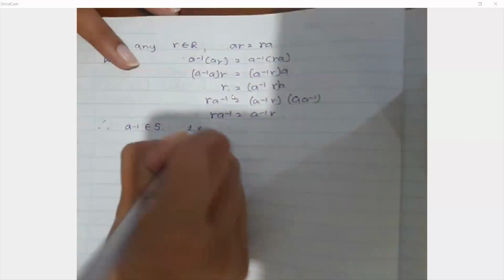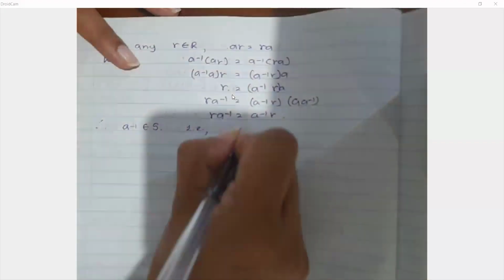That is, every non-zero element A is chosen arbitrarily. What does it mean?